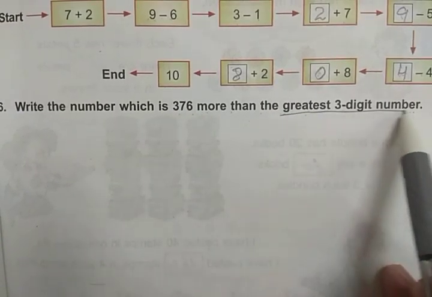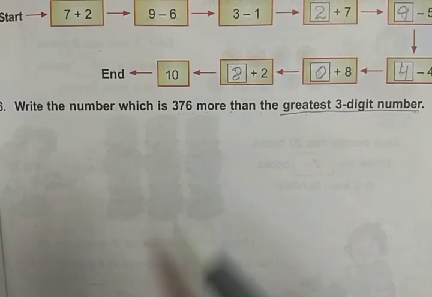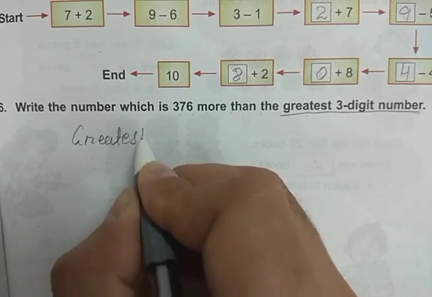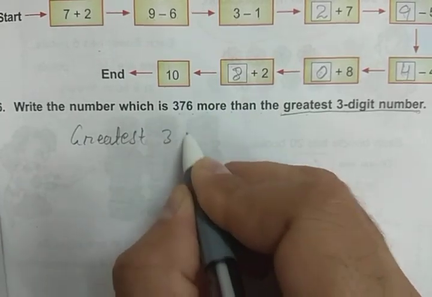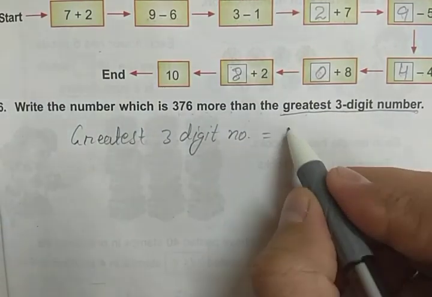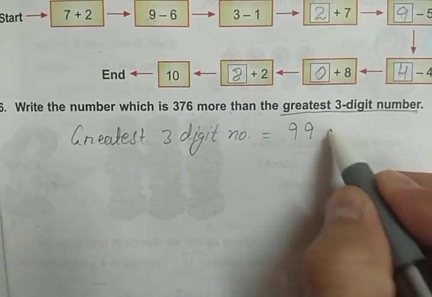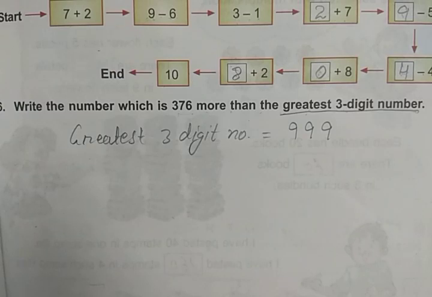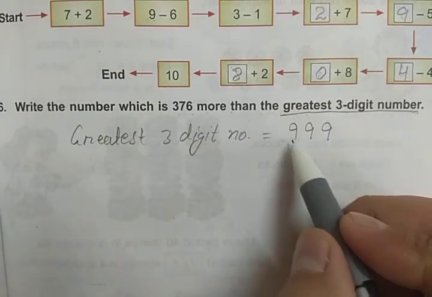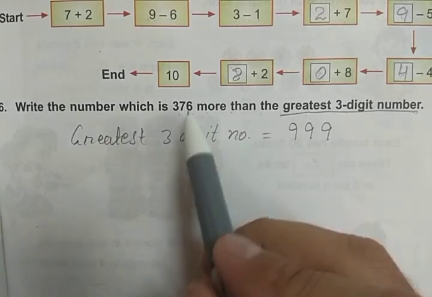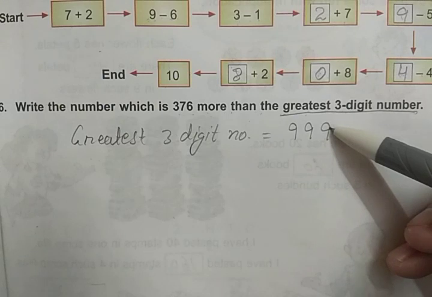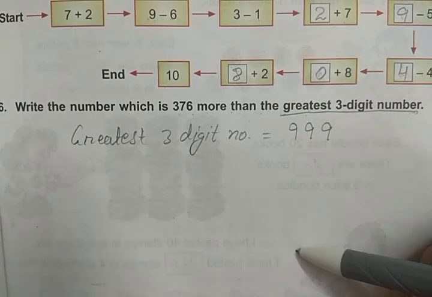First of all, what is the greatest 3-digit number? 999. You know that we have to repeat 9 three times to write the greatest 3-digit number. So that is 999. Then we need a number which is 376 more than this.